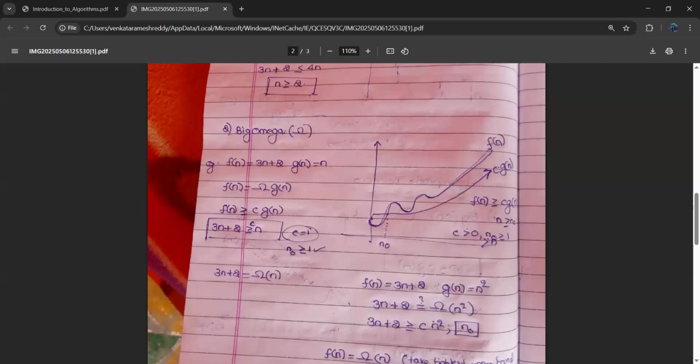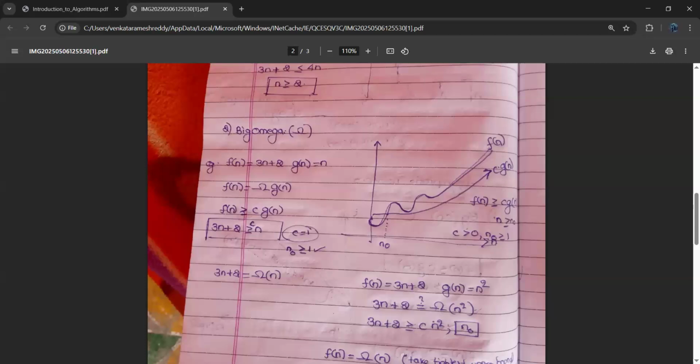Whenever this condition is satisfied, it is big omega of g of n. Otherwise it will not be. When the condition is satisfied, f of n equals big omega of n.